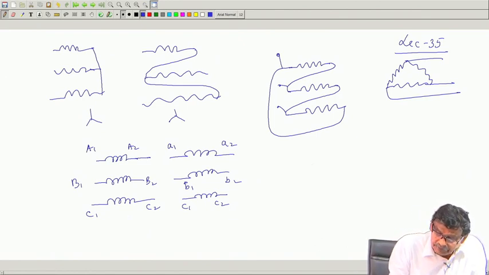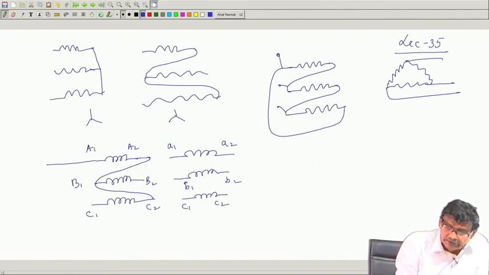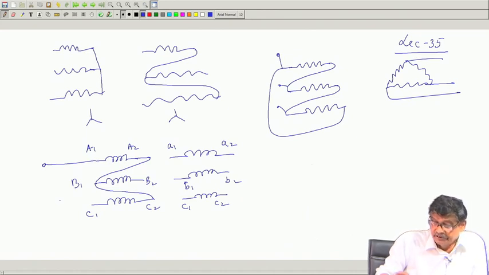For example, he does not care about polarity. He tells that okay, this is also my star connection, why not? For discussion purposes, I know that capital A 1 and small a 1 are dots, capital B 1 and small b 1 are dots, but capital C 1 and small c 1 are not dots.